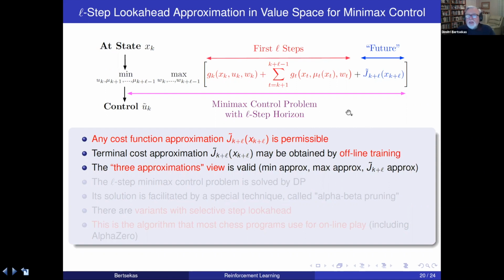Now, these 3 approximations can be designed independently of each other, and that's the nice thing about them. Like in the stochastic case, here also we can mix and match schemes for these 3 minimizations, these 3 approximations.